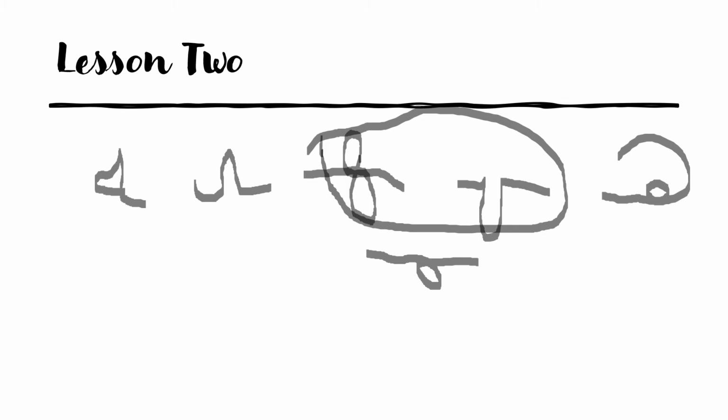There is something called ta marbuta, which is basically the same in pronunciation as ta. The ta marbuta is the same as the ha at the end. The ta marbuta only comes at the end. It's a letter that comes only at the end. It looks like ha, but it has two dots.